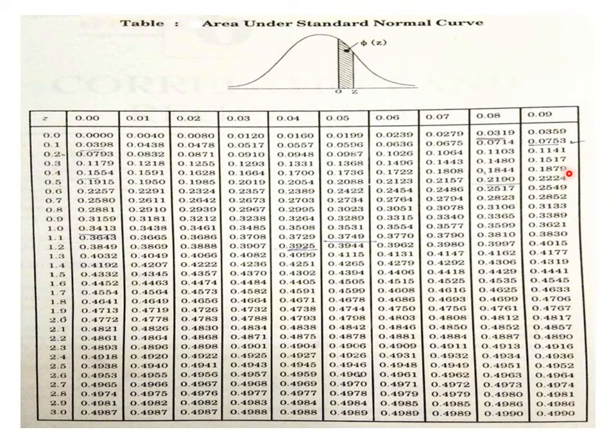In comparison of 0.1879 and 0.1915, obviously 0.1915 is closest to 0.19. That's what we have to do: find the probability value inside the table closest to the given value. Now it's 0.1915. It's coming at the intersection of 0.5 and 0.00. So the value of z, which was z1 in the previous problem, is 0.5, then 00 means 0.50.